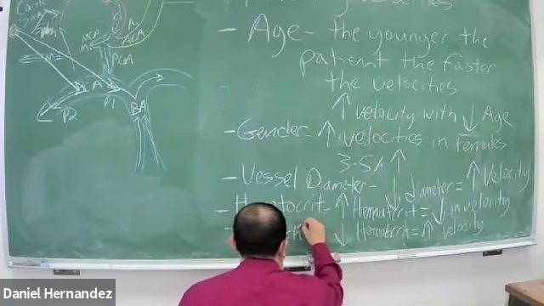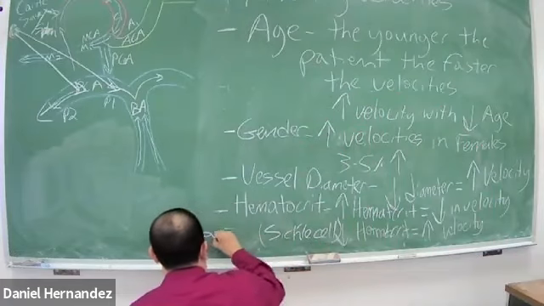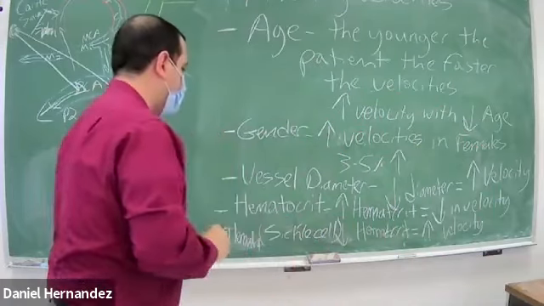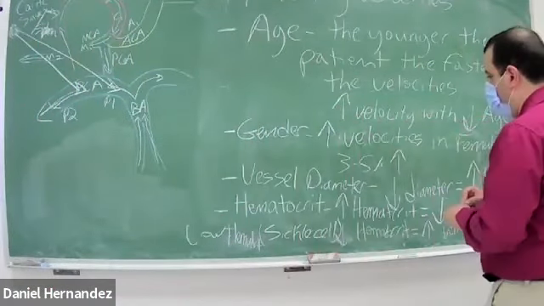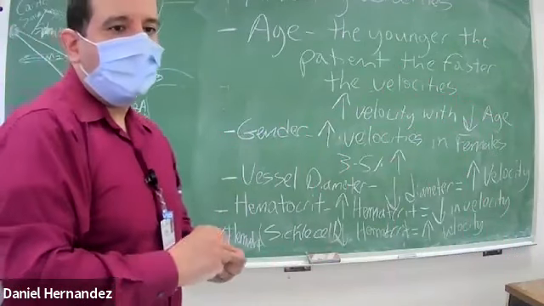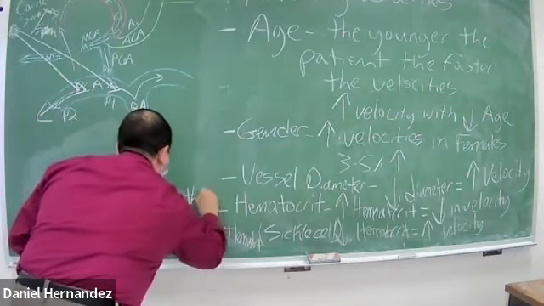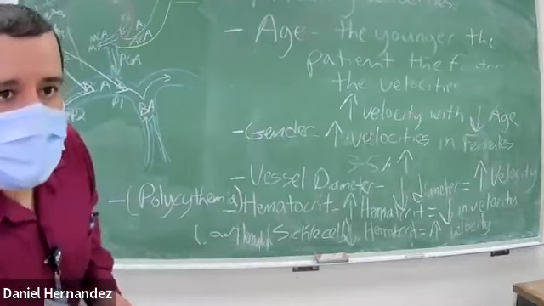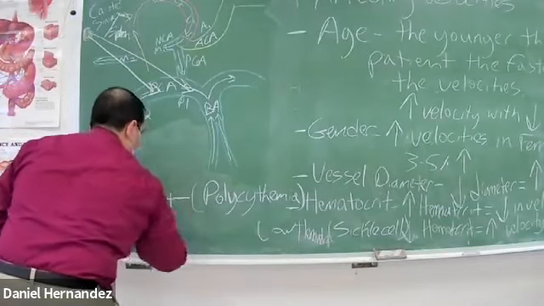An example of a patient that would have high hematocrit would be polycythemia.